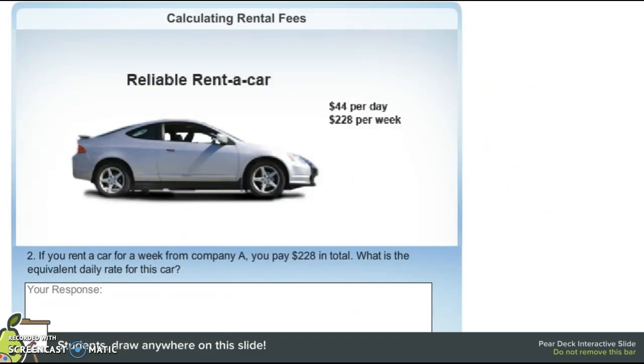All right, try this one. There is a weekly fee from Company A. You could pay $228 in total for a week. What would be the equivalent daily rate for this car? Go ahead and calculate that.